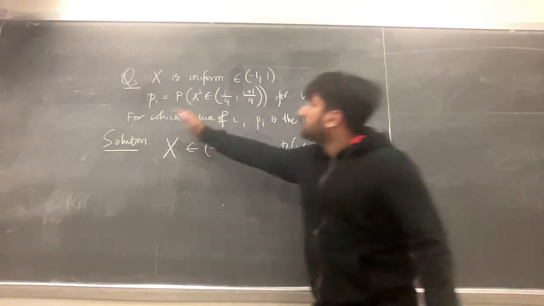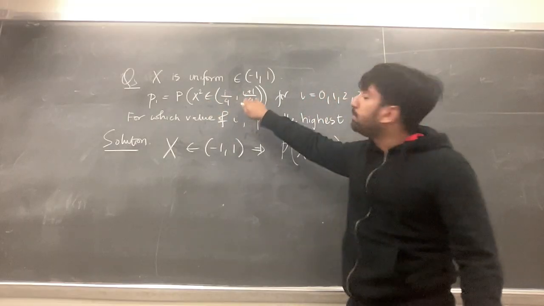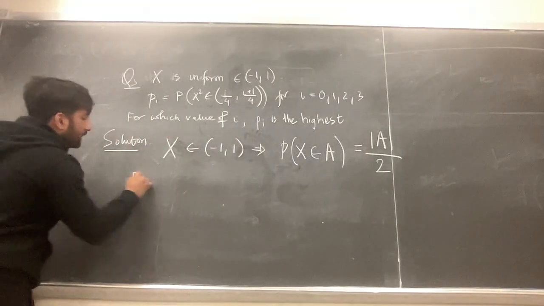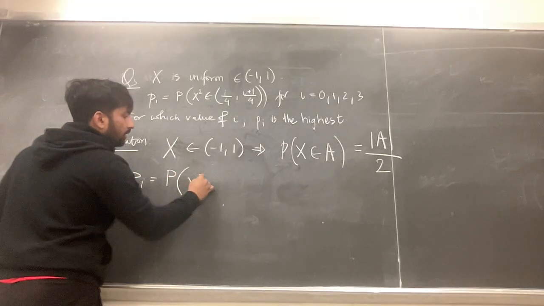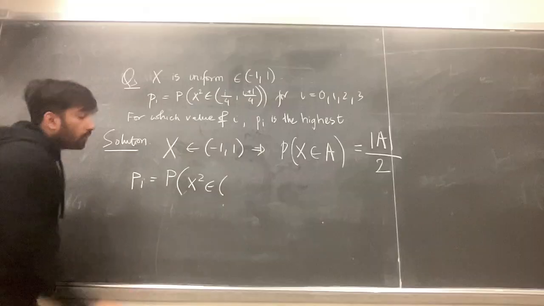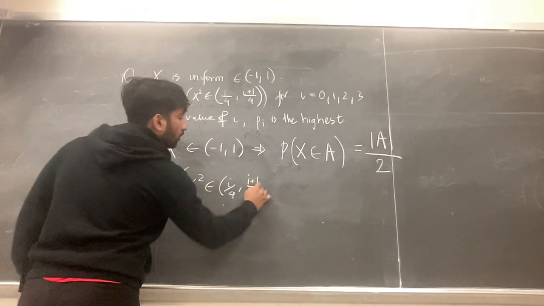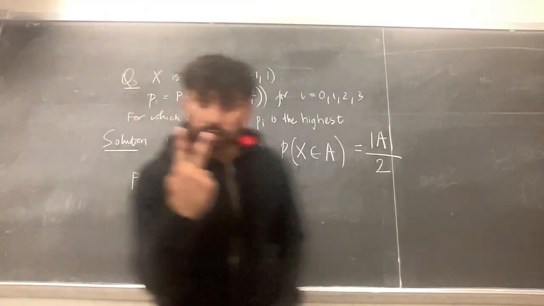Now it asks us to find the probability that x squared belongs to this interval. So p_i is equal to the probability that x squared belongs to i by 4 comma (i plus 1) by 4. Now there are two ways to do it.